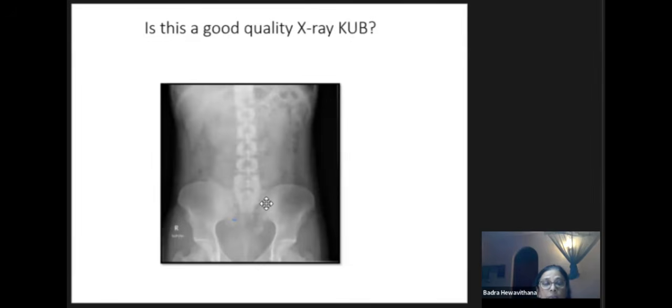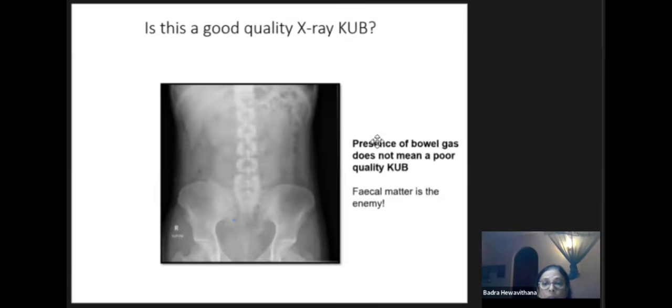But that is not the case. Actually, I'm putting this X-ray because this is a myth of medical students, so I thought of putting this also. Having bowel gas is not a problem in the X-ray KUB. Presence of bowel gas does not mean a poor quality KUB X-ray. Fecal matter is the enemy. Bowel gas is actually friendly because through the gas we can see the calculi. So this is a good X-ray.